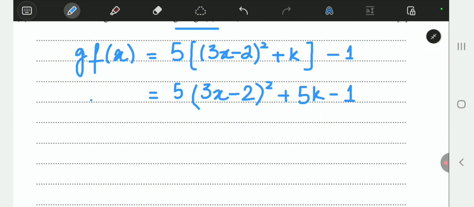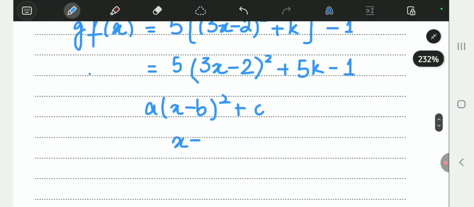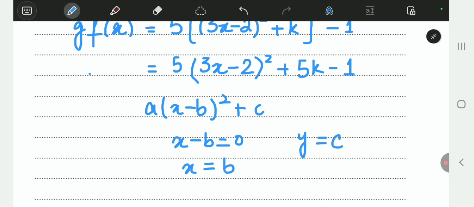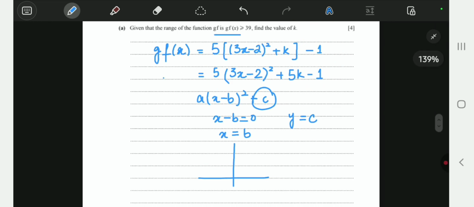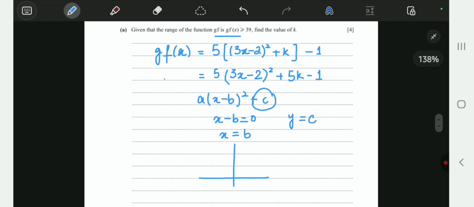The vertex form gives you information about the vertex. So you have a(x minus b) squared plus c, where putting x minus b equals 0 gives the x coordinate of the vertex, and c gives the y coordinate of the vertex.